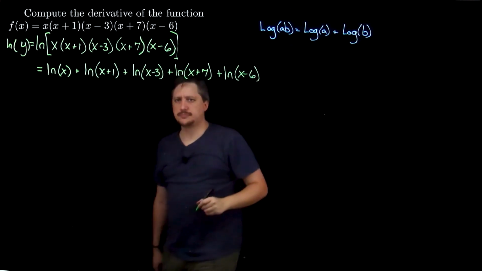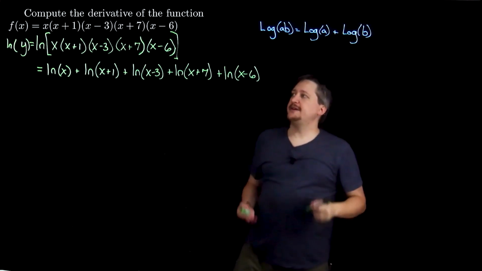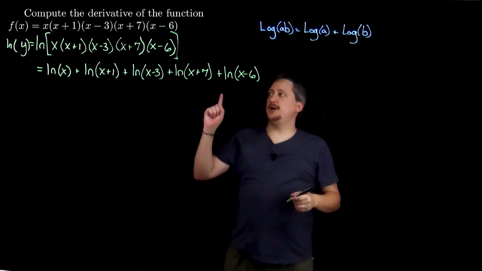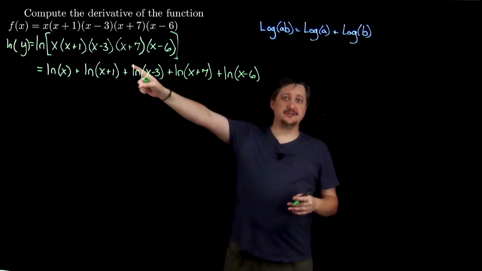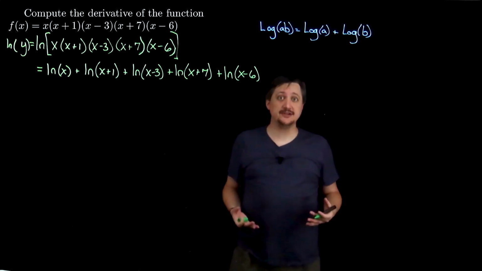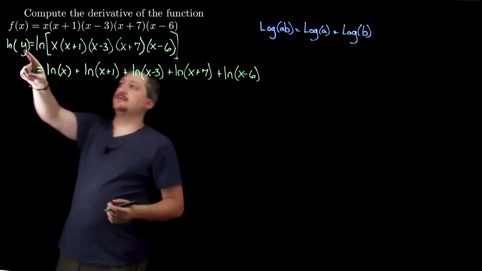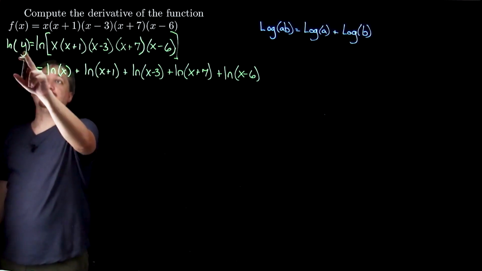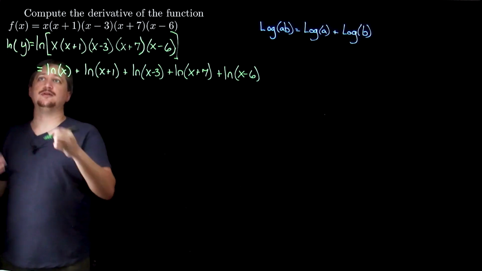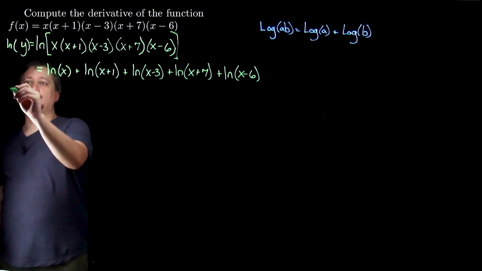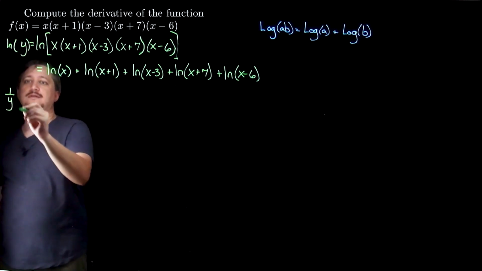There we go. Now I can take the derivative of both sides, but I again have to be careful, because the derivative on the left is no longer simply dy dx. The derivative on the left is the natural log of y. If I take the derivative of that, natural log of stuff gives me 1 over that stuff.